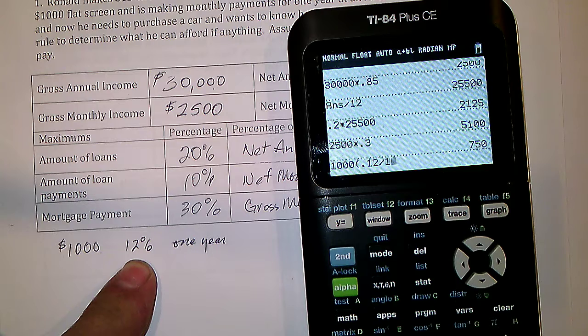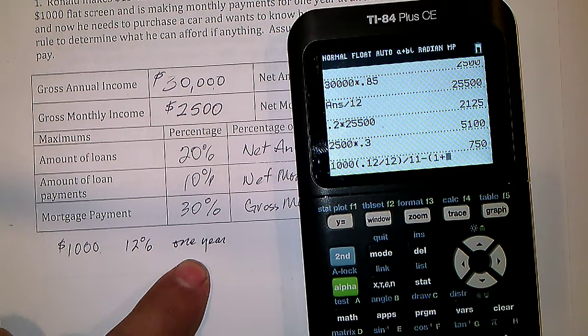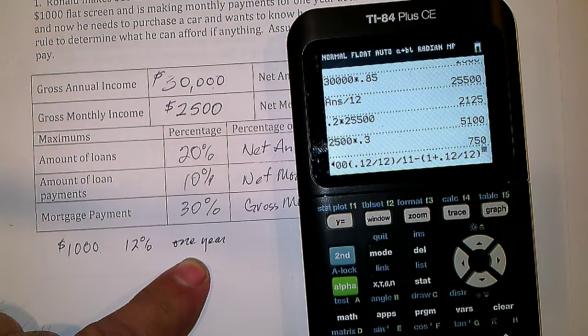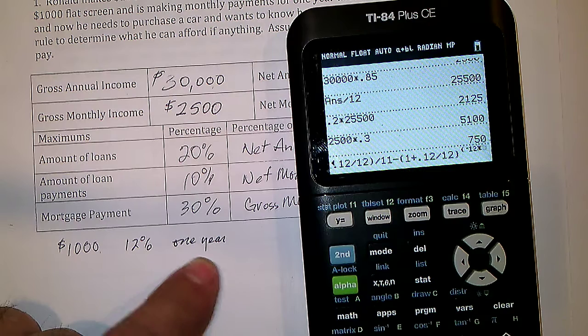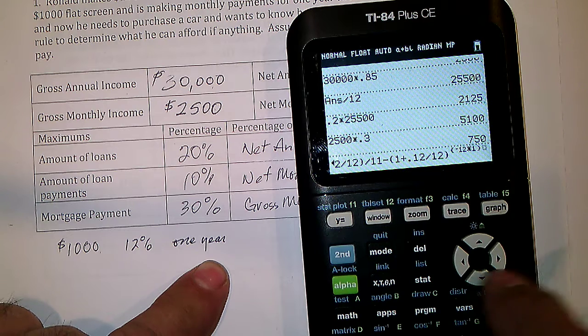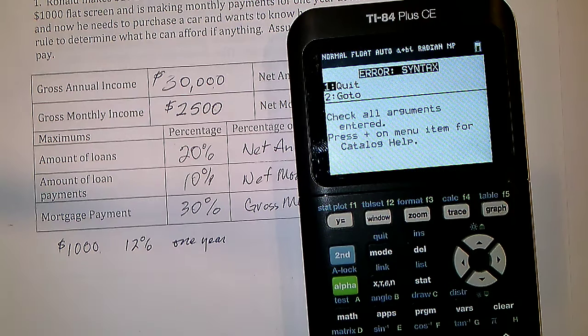0.12 divided by 12, close parenthesis, divided by, open parenthesis, 1 minus, open parenthesis, 1 plus the APR, 0.12 divided by 12, close parenthesis, to the, open parenthesis, negative 12 times the number of years, 1 year, close parenthesis, and then close parenthesis.